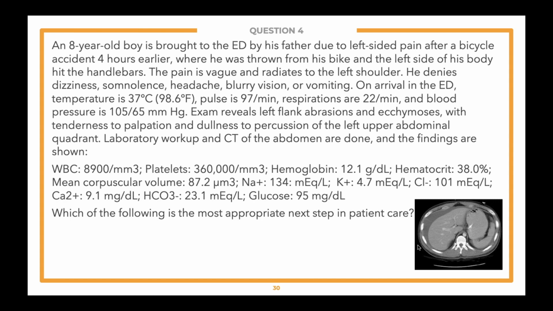Hemoglobin, 12.1. Hematocrit, 38. Mean corpuscular volume of 87.2. Sodium of 134. Potassium of 4.7. Chloride of 101. Calcium of 9.1, bicarb of 23.1, and glucose of 95. Which of the following is the most appropriate next step in patient care? Boris.